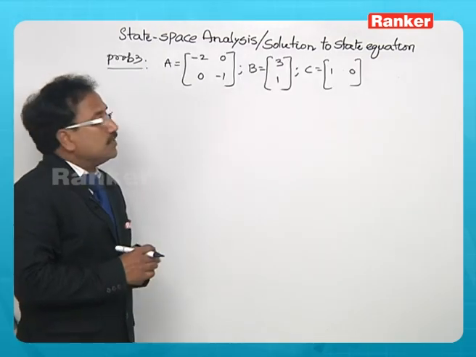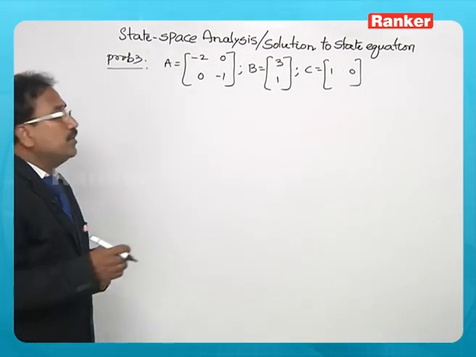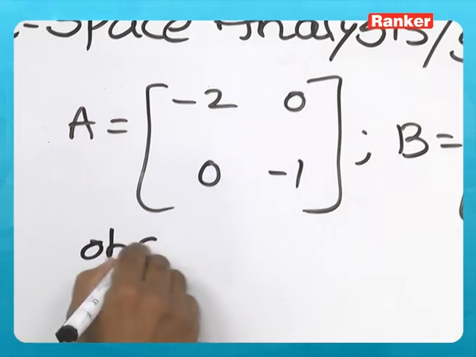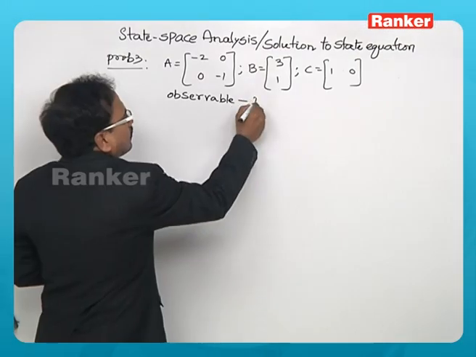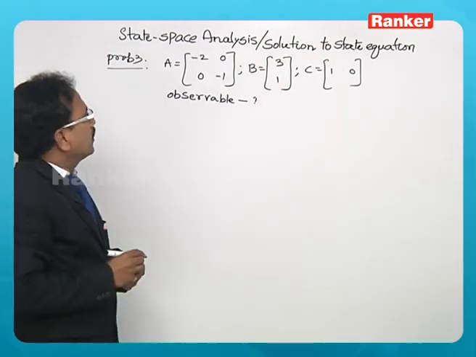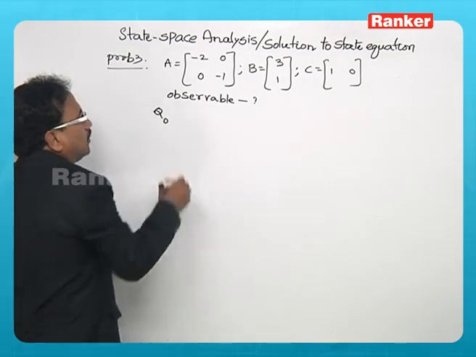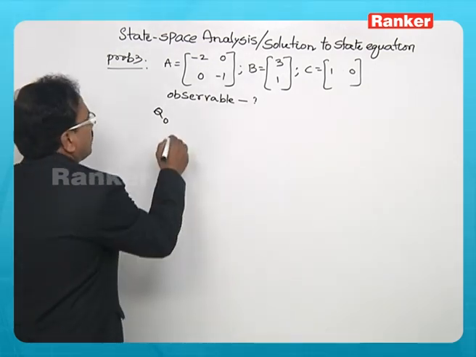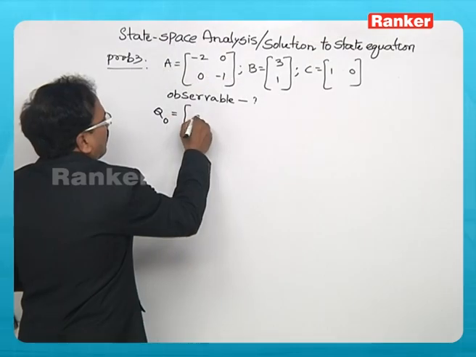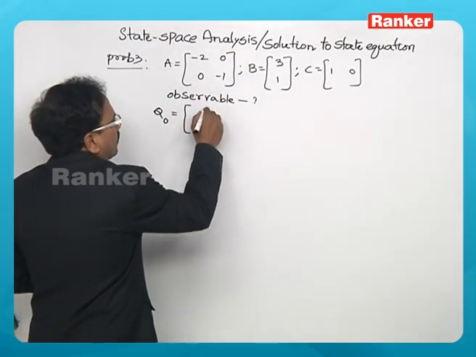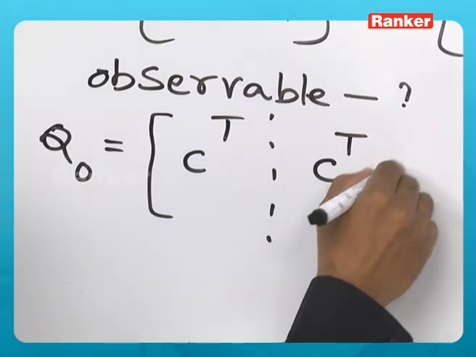Now, this is the data given to see the state observability, whether the given system is state observable or not. We need to have the observability matrix Q0, and the components of this are C transpose, then C transpose A transpose.